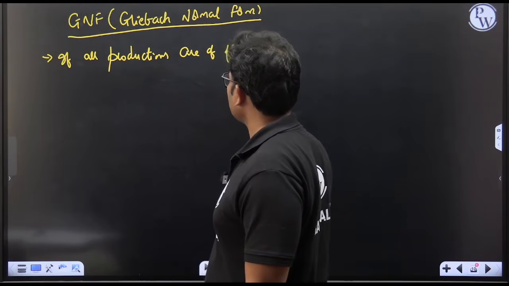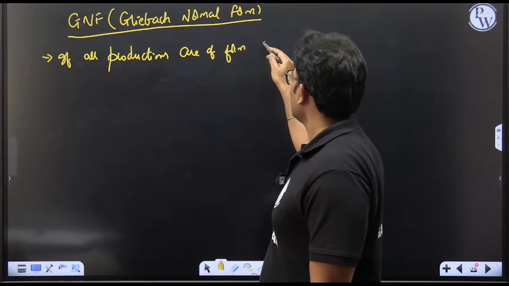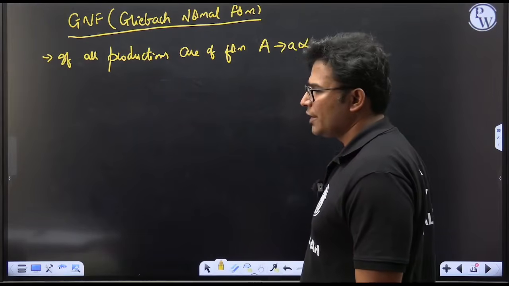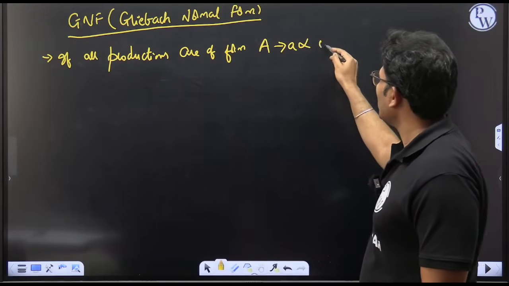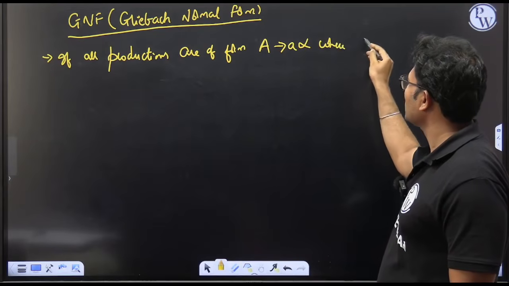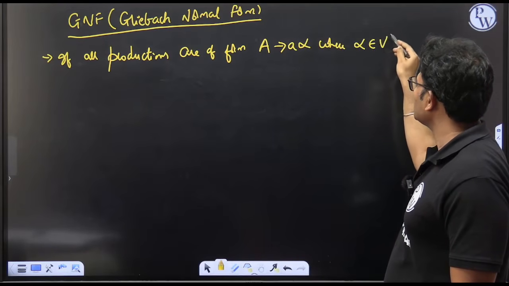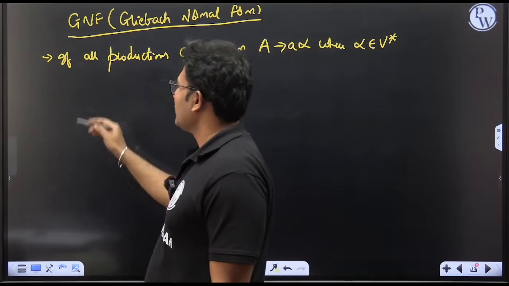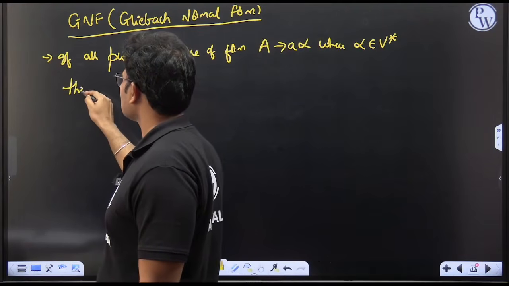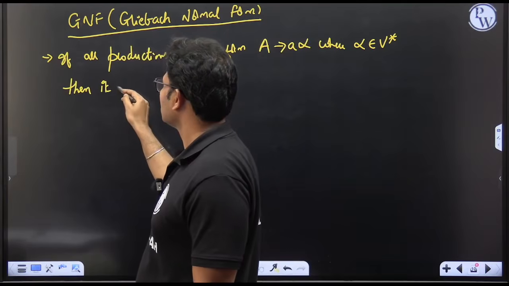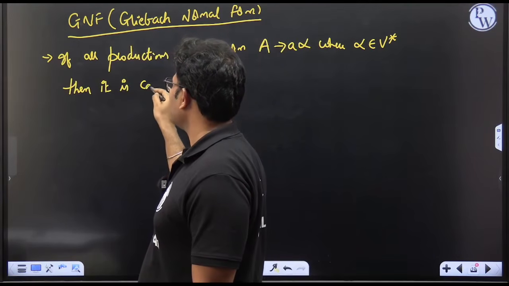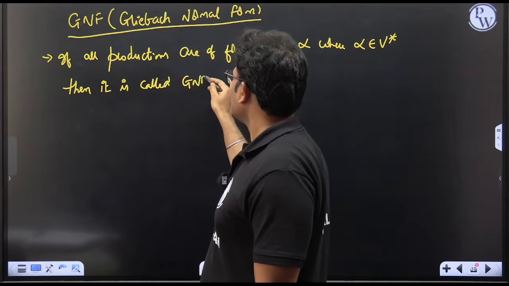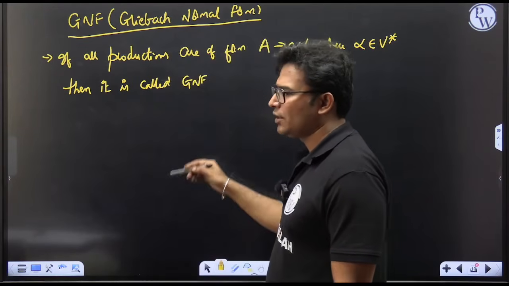If all productions are of the form A derives a alpha, where alpha belongs to V star, then it is called GNF.